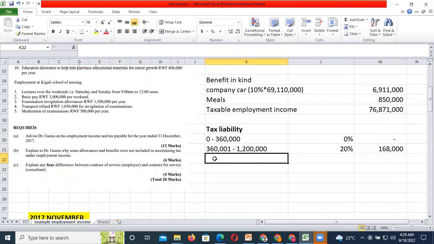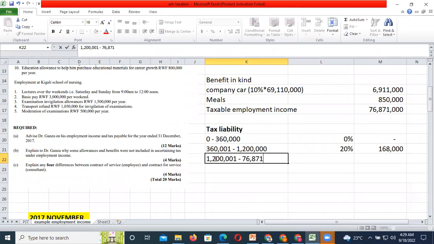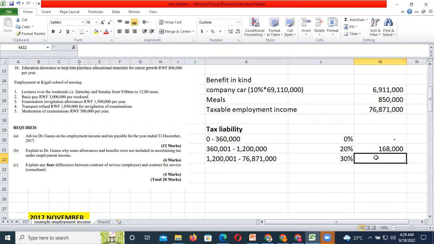Then from 1.2 to 76,871, the tax is going to be 30%. So I will have this minus 1.2, then times 30%.